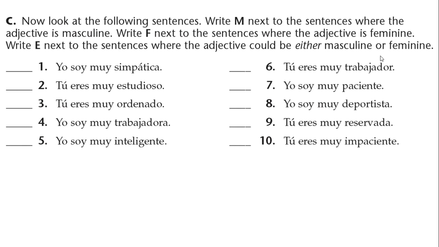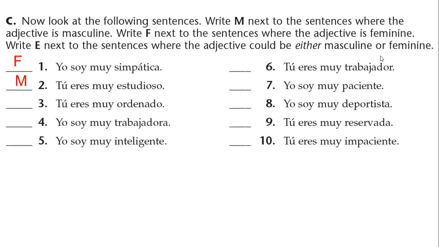I am very nice, or I am very friendly, because simpática means nice or friendly. Simpática ends in A, so that tells us it is describing a female. Tú eres muy estudioso. You are very studious. The only word that tells us the gender would be estudioso, ends in O, so it's masculine.